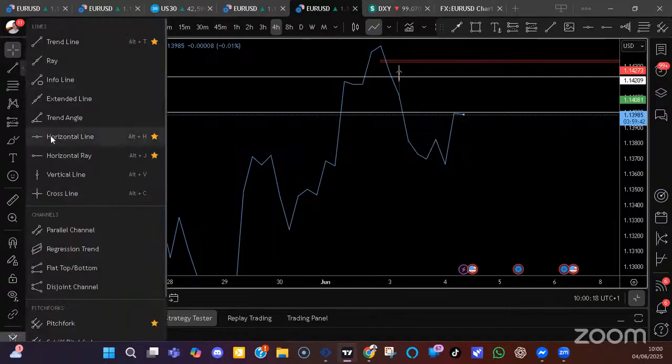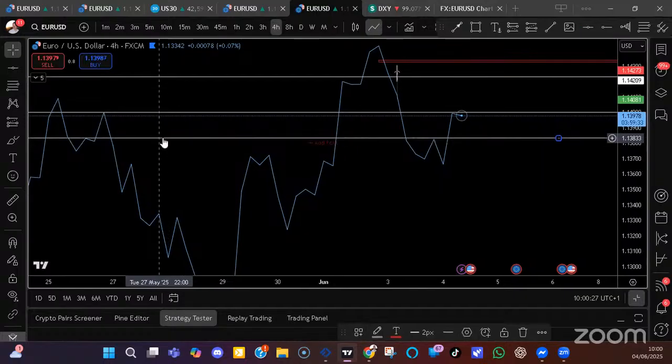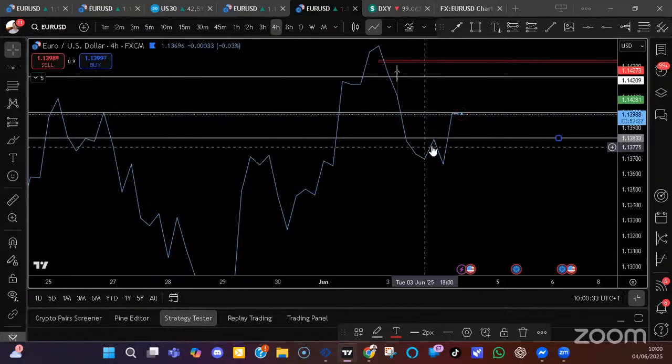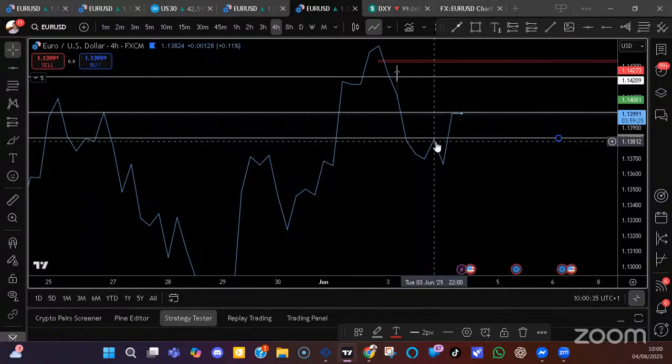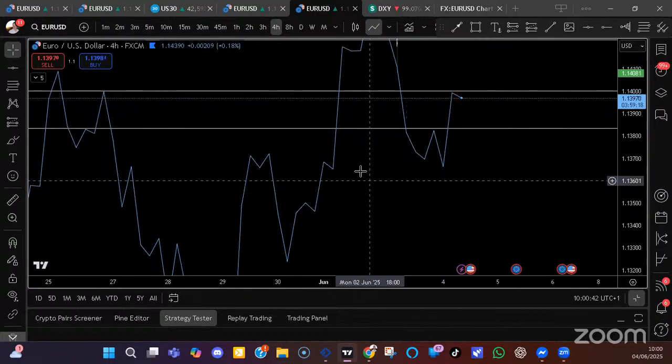So we'll put this horizontal line in here. It was of interest there way back in May, and it was of interest there where price bounced and stopped. So indeed, that's where we'll put a line.